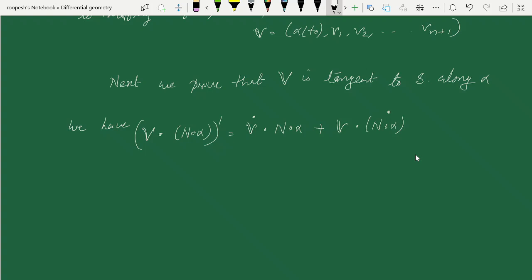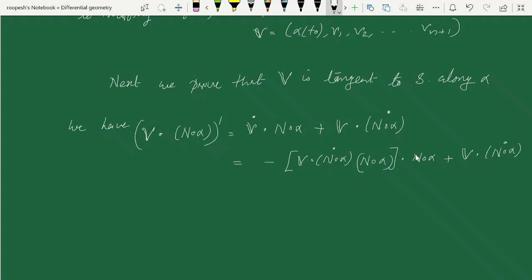So this is equal to minus of, we have got this term previously, minus of V dot n composition alpha dot, right, one term, times n composition alpha dot with n composition alpha, plus V dot n composition alpha dot.